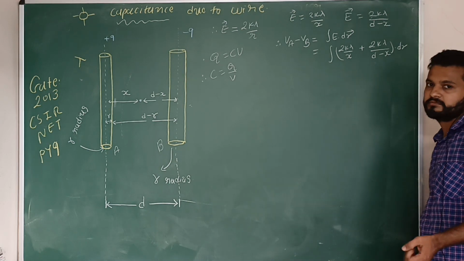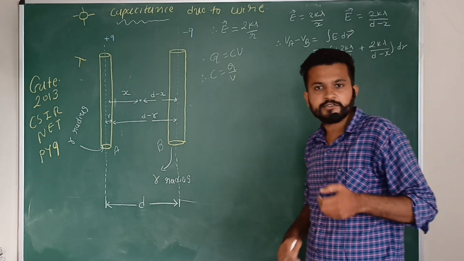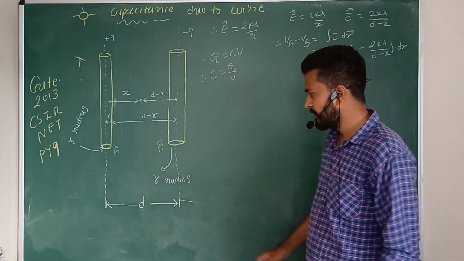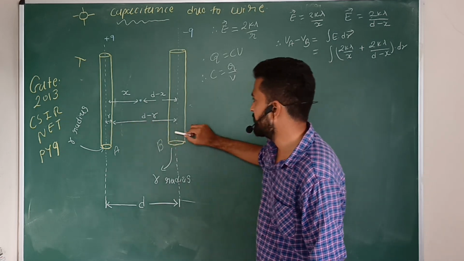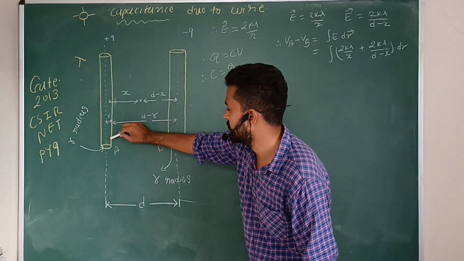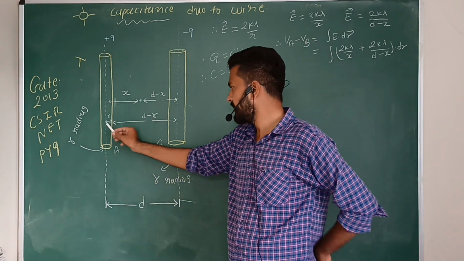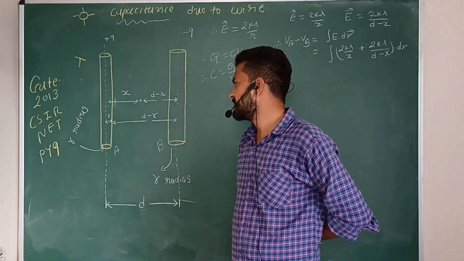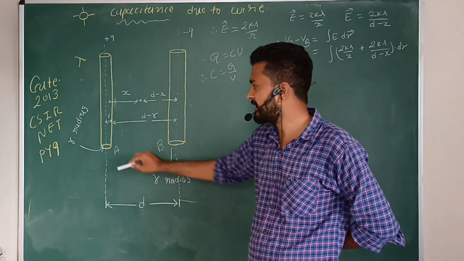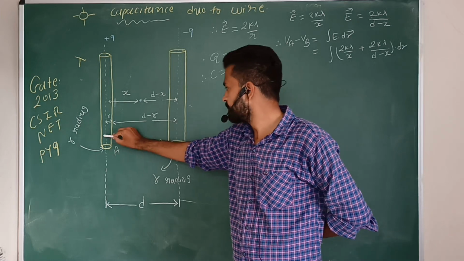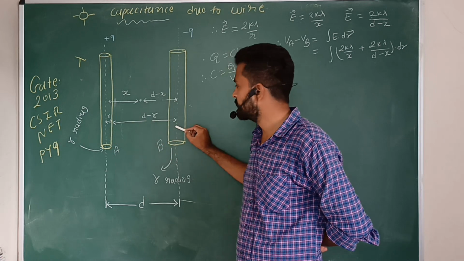Now the most difficult part is what the limits will be. This distance is basically the distance from wire A to wire B. This distance is r, so this distance will be d minus r, so that we can cover the whole distance from the center of the first wire to the second one.